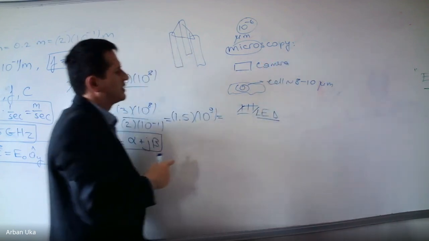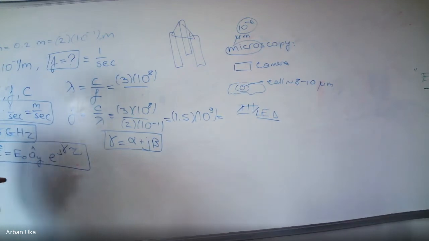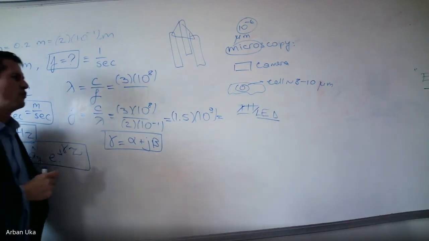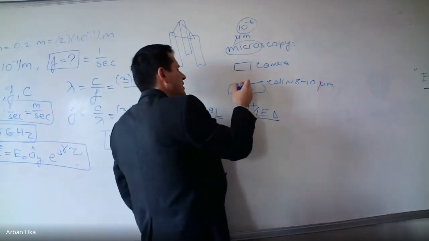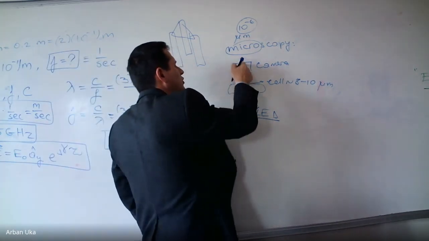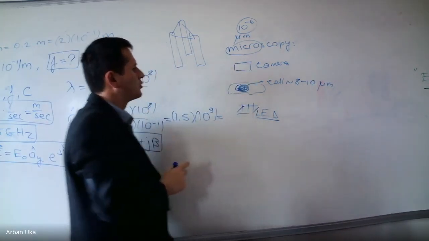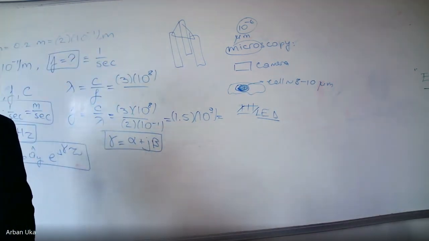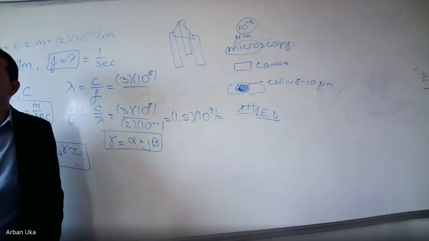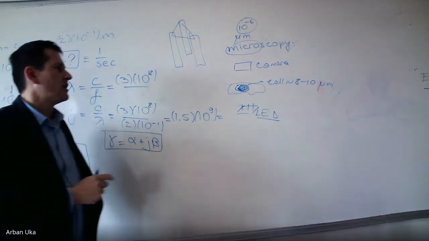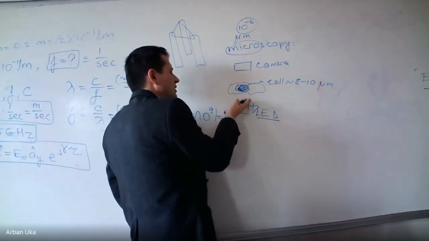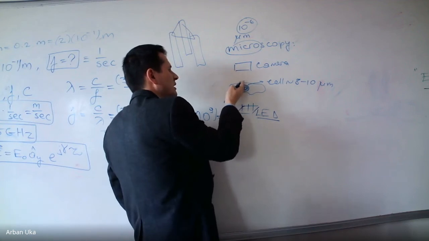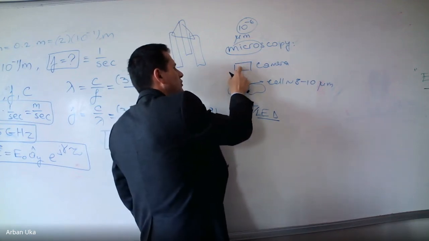Once you have a camera here, what is important for a biologist or for a scientist is to be able to record this structure. Now, in order to record it, there are two different approaches that can be used in microscopy. One of them is the following. This information hits the cell, and then it drops onto the camera.